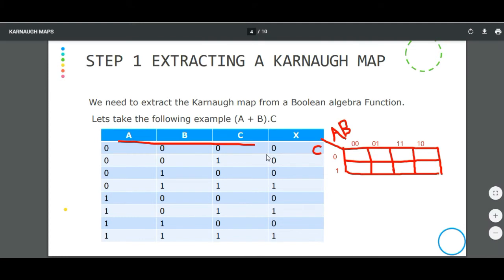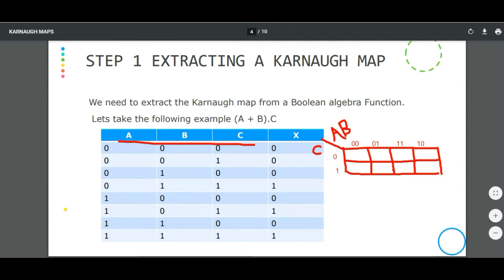So we are going to put this as 0, 0, 0, 1, 1, 1, 1, 0, and on this side 0 and 1, because here 0, 0 means A value is 0 and B value is 0, and here represents the C value, so C value is 0 and 1.